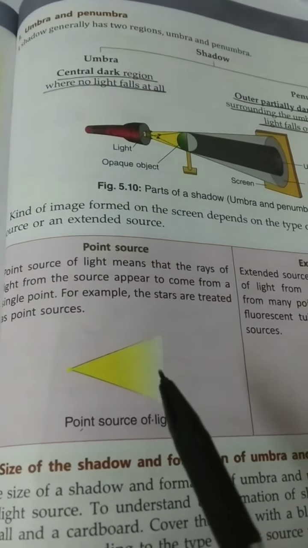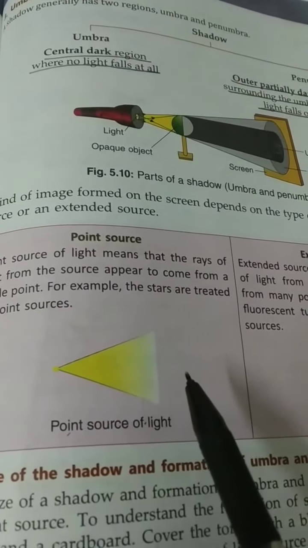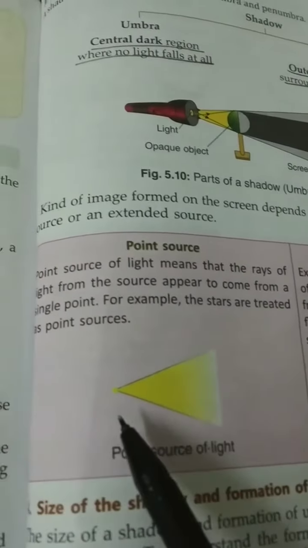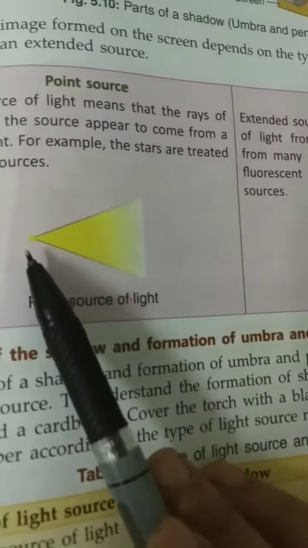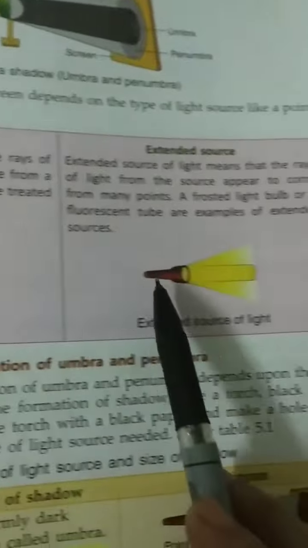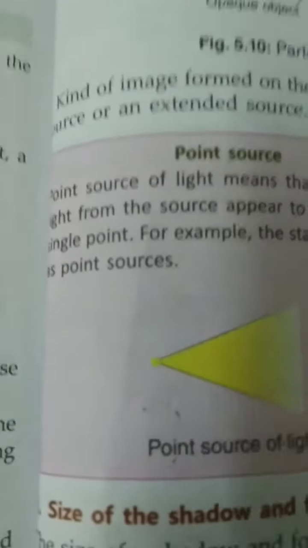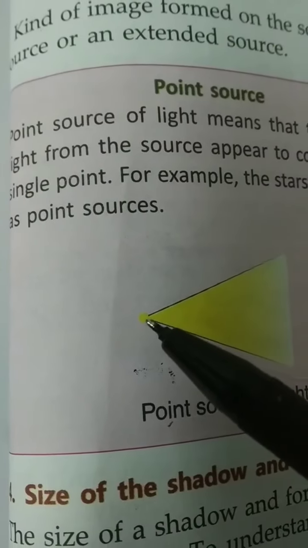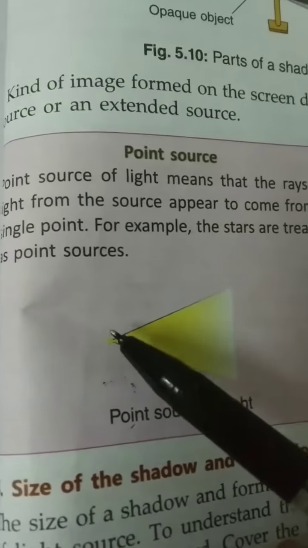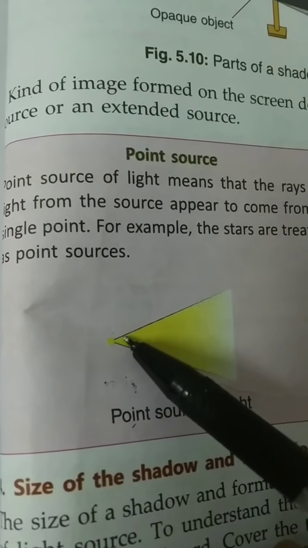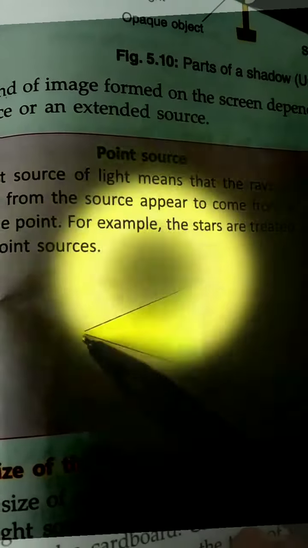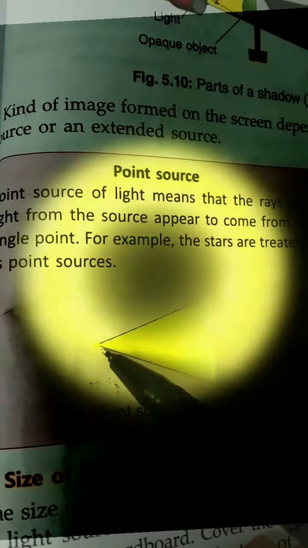The kind of image formed on the screen depends on the type of light source, like a point source or an extended source. Now, what is a point source? You can see this diagram. Point source of light means that the rays of light from the source appear to come from a single point.